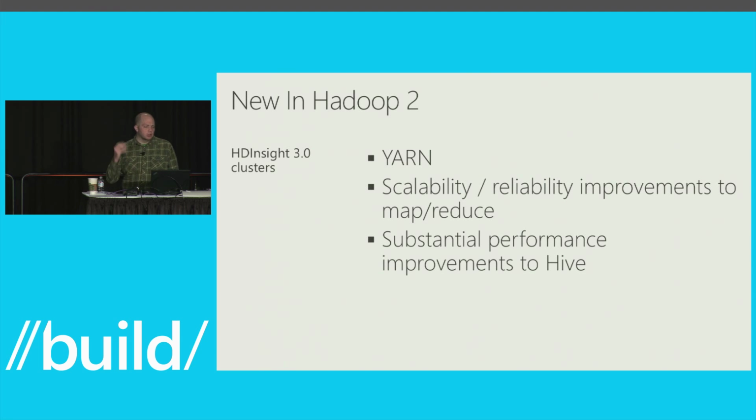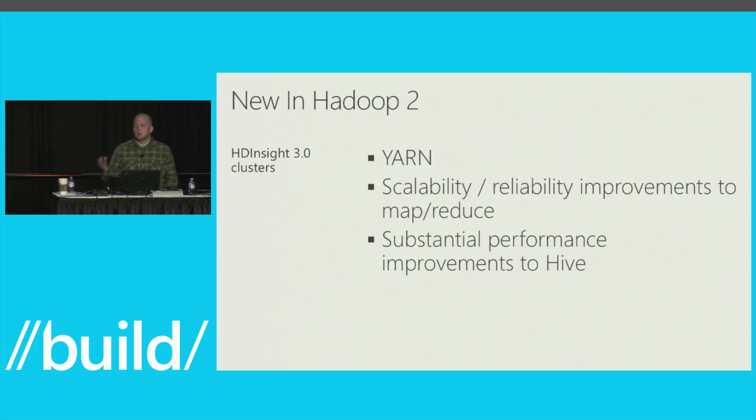And Yarn is really kind of the showcase feature that a lot of folks will talk about inside of Hadoop 2, but really there's a nice set of improvements around scalability and reliability of the core MapReduce and HDFS infrastructures.